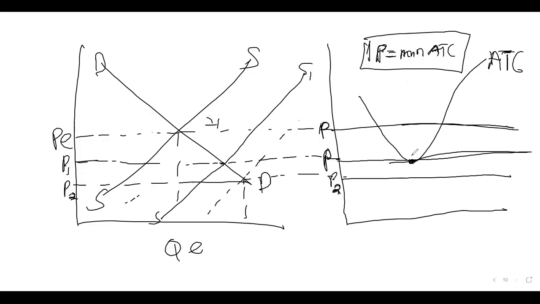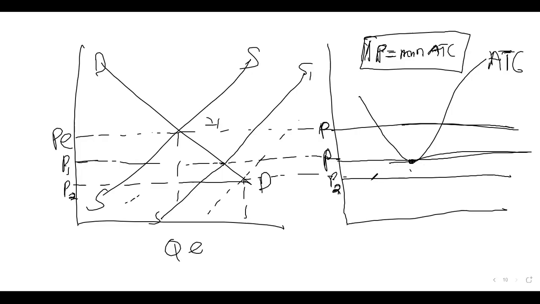You have to shut down. So this is the long run condition for a perfect competitive firm. In the long run, the shutdown point is where price is equal to the minimum of the average total cost.